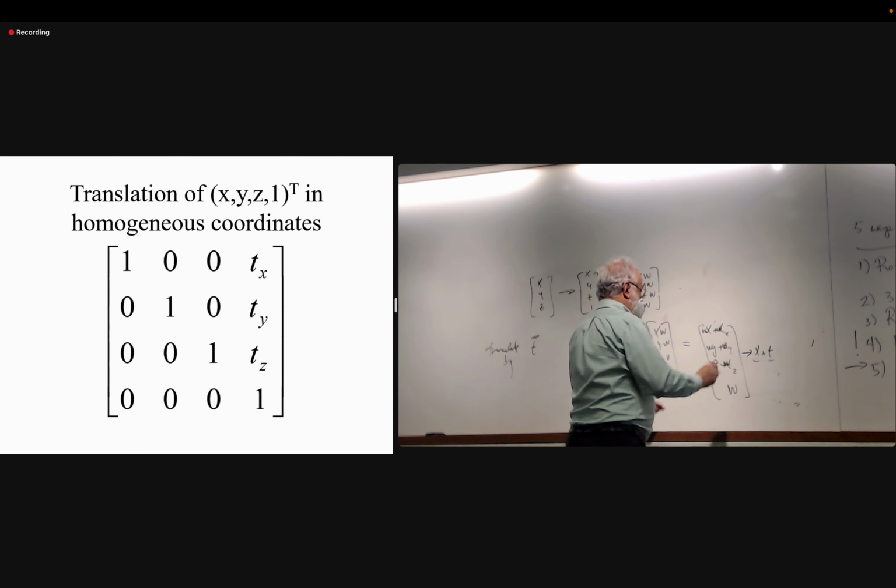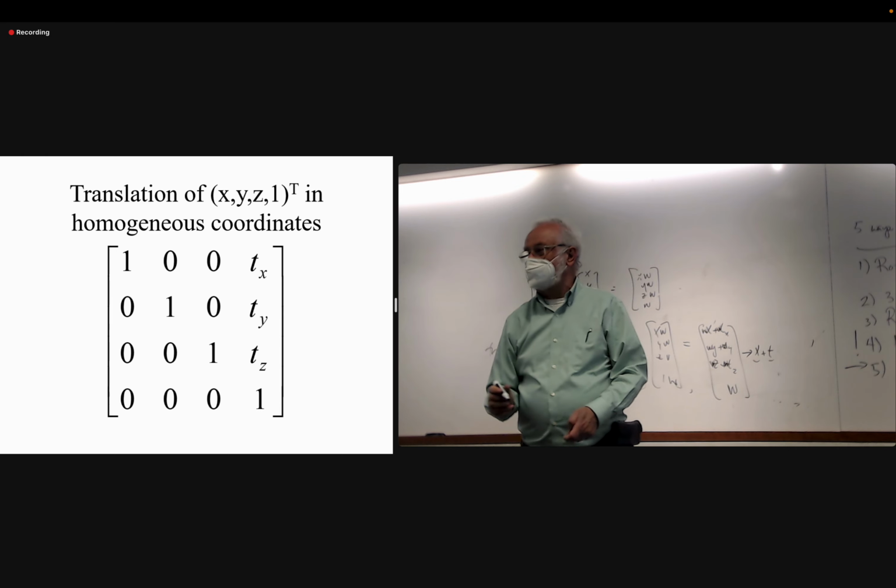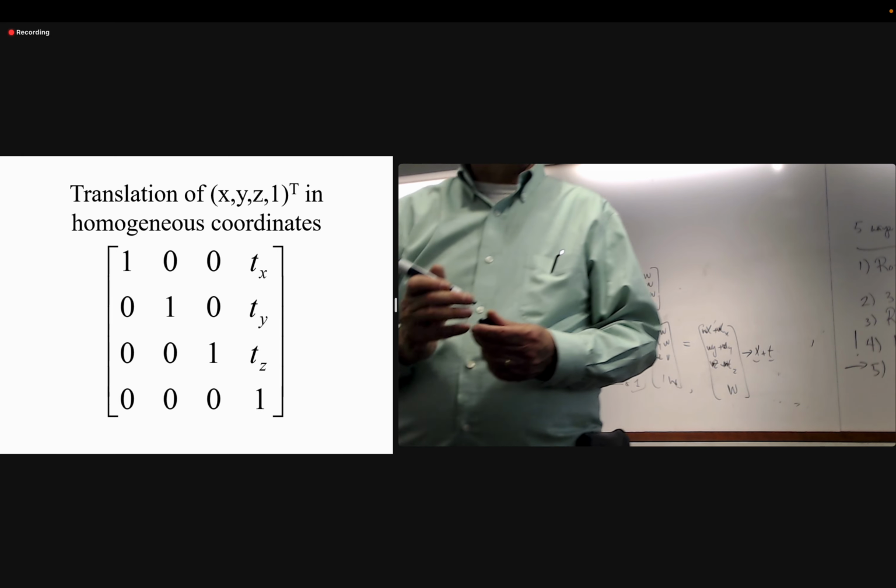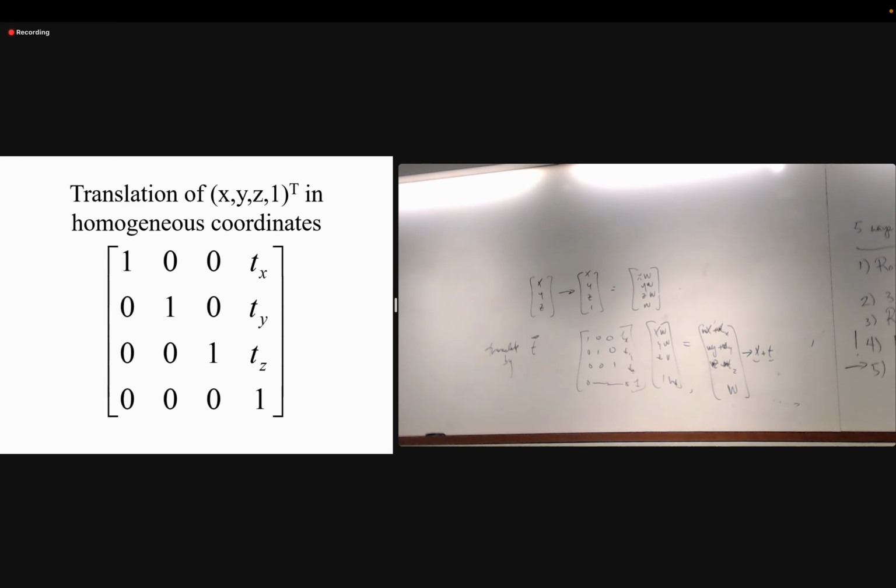When you divide all of that through, it's still going to be x plus t. So whether I multiply by x, y, z with a 1 in the last slot or the representation of the same vector, I'm going to get the same result. Okay, so that's nice. I can do translation by multiplying by this matrix.